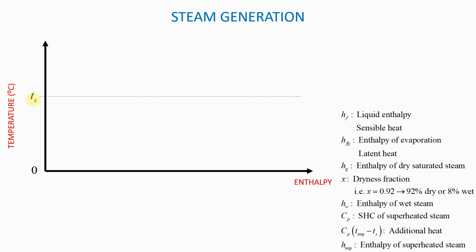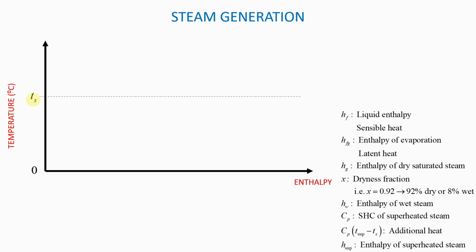But if you create a situation where the ambient pressure is not 101.325 kilopascals, which is atmospheric pressure, if you create a situation where you have a different pressure than that of the atmosphere, the water will not boil at 100 degrees. It will boil at another temperature.